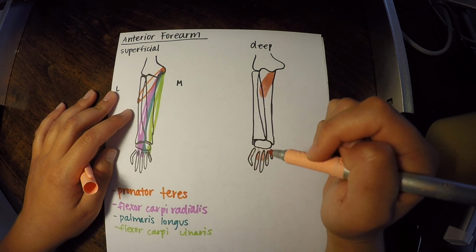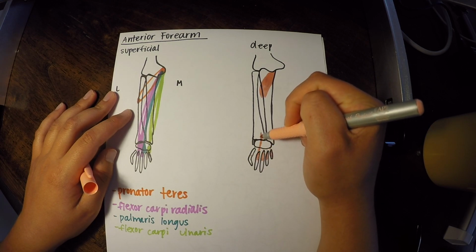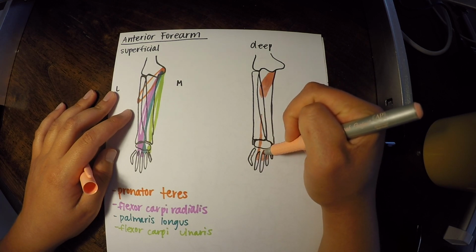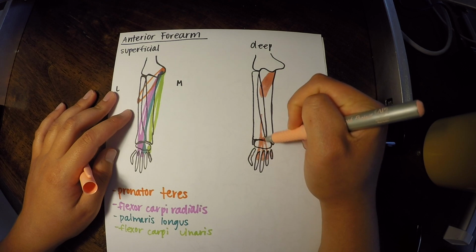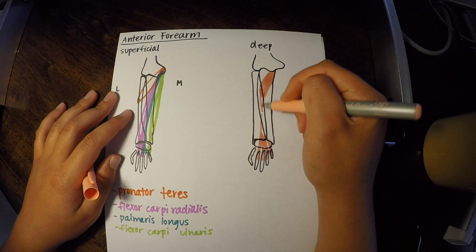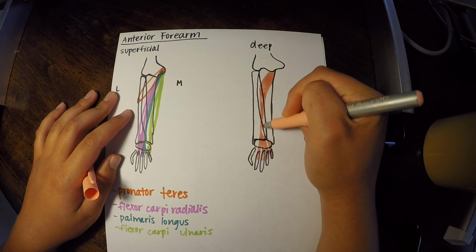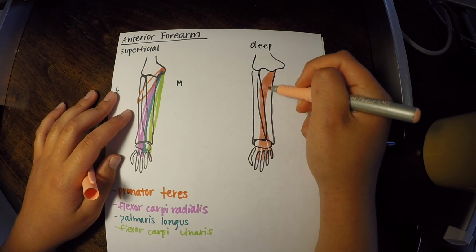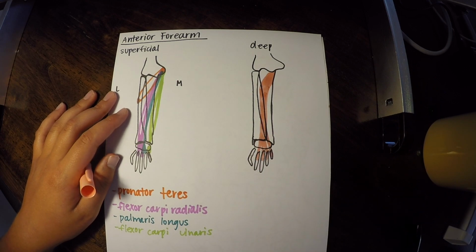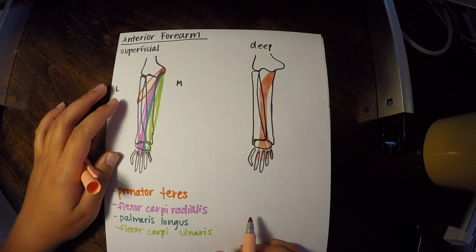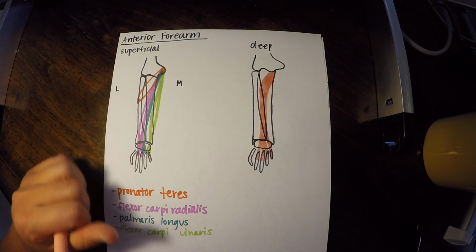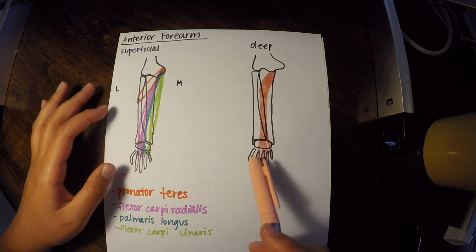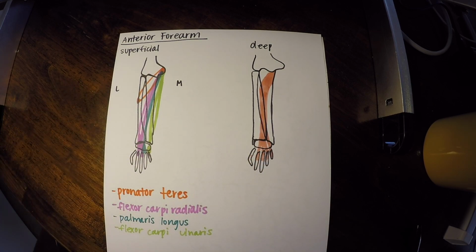So ignore that little pink dot on the thumb. That was a mistake. There we go, for those last 4 digits. Now, it doesn't go to the thumb, and most of these that we're going over don't go to the thumb because there are a lot of very specific muscles that do go to the thumb, but we're just not going to review those at this time.